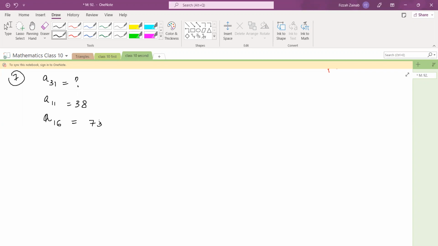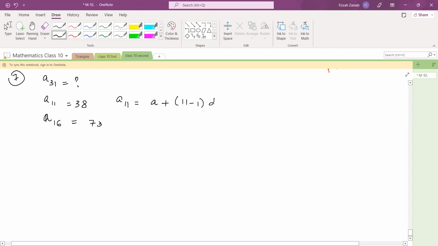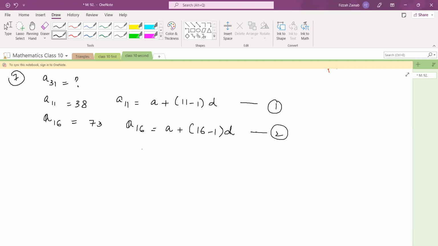So A11 is given. That means you write like this: A11 is equal to a plus 11 minus 1 into d. So this is your equation number 1, right? And similarly, A16 is given, so A16 will be a plus 16 minus 1 into d. I mean, you put A11 and A16 and then solve them. You will get a and d, and then you can find A31.